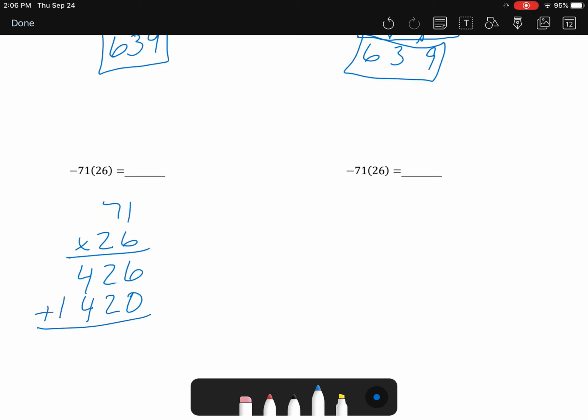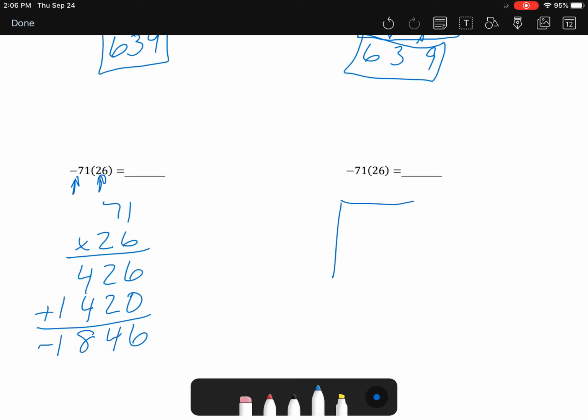I can go ahead and add these. I have 6. 2 plus 2 is 4. 4 plus 4 is 8. 1. Going back to the original problem, I have 1 negative and 1 positive. Different signs, so my final answer should be negative 1,846.